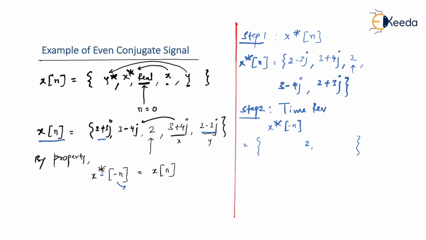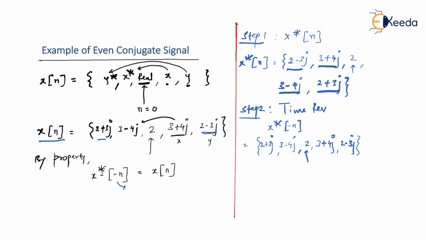And then 3 plus 4j will appear here, 2 minus 3j will appear here, 3 minus 4j will appear here, and last 2 plus 3j will appear here after the time reversal property.